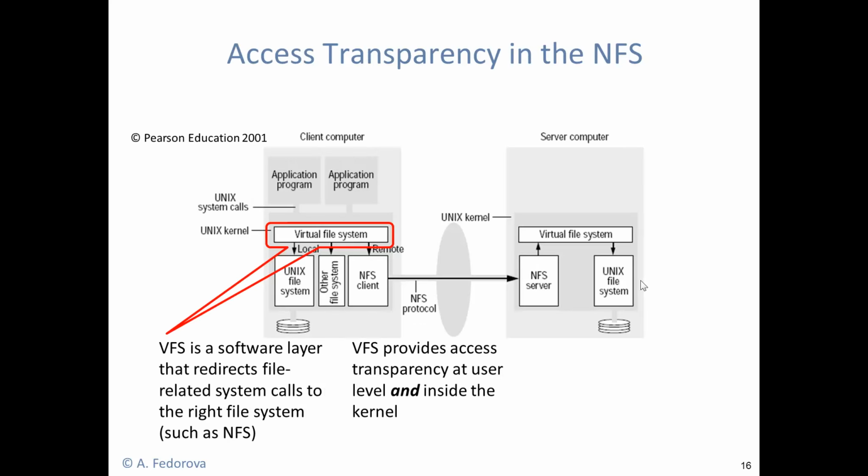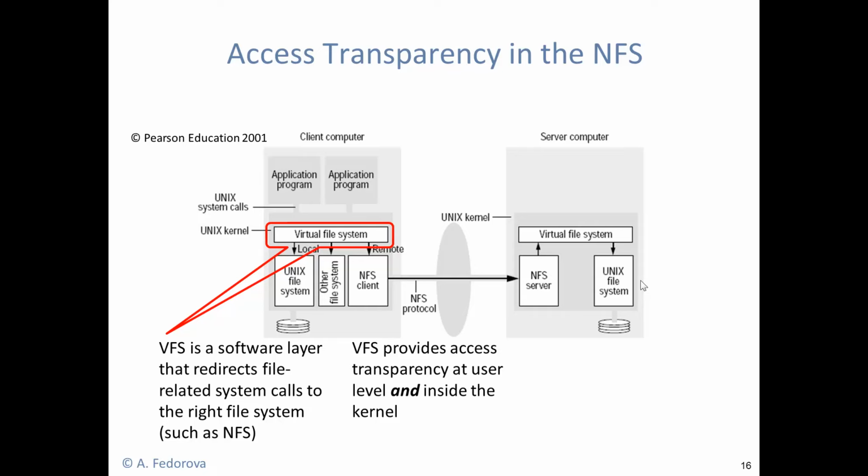How do we provide access transparency in NFS? So a Unix file system implements what is known as the virtual file system. So basically, if you perform an operation over a file system, either from a user application or even inside the kernel, so you want to open a file, you want to read or write, you don't care which type of file system you access, whether it's FFS or XFS or NFS or what have you.